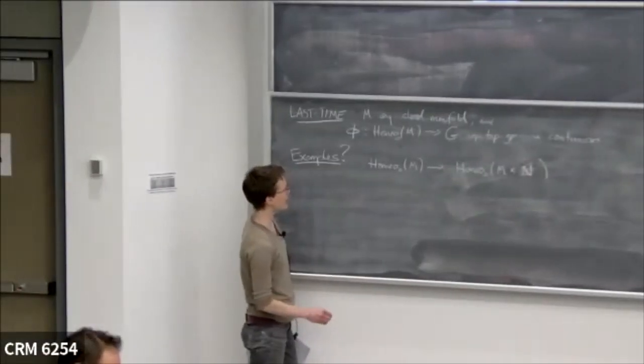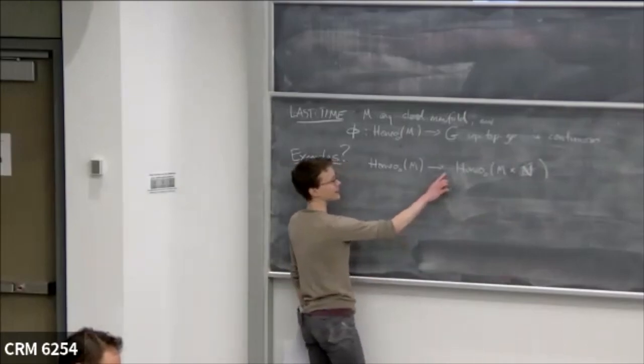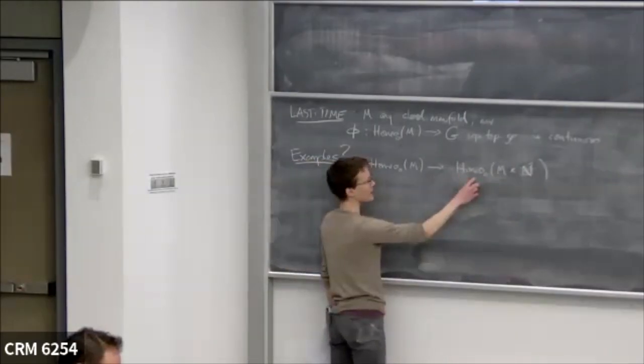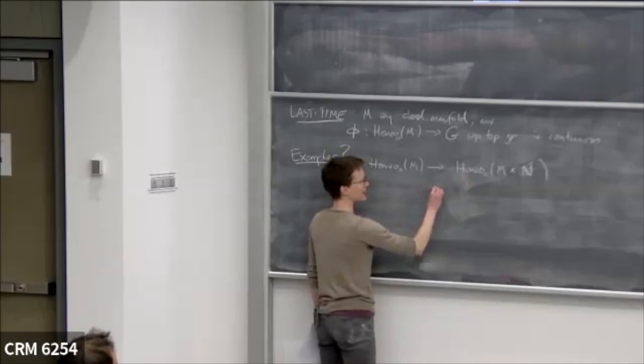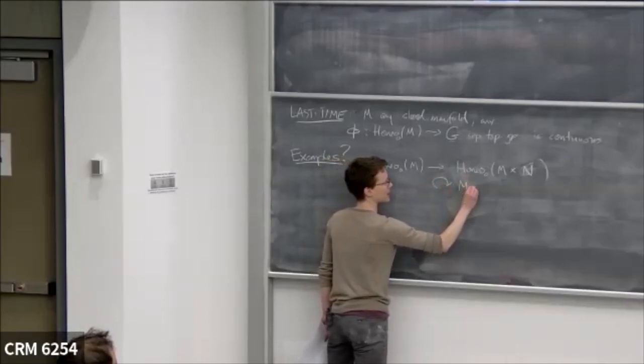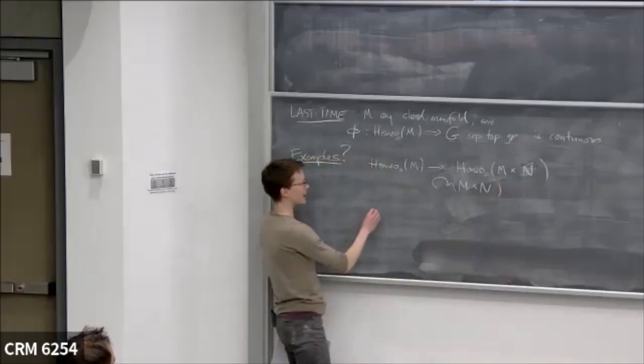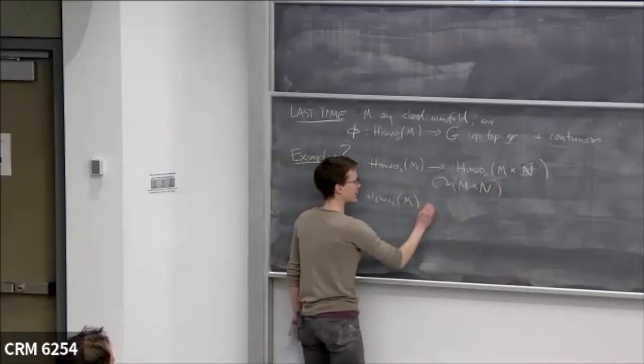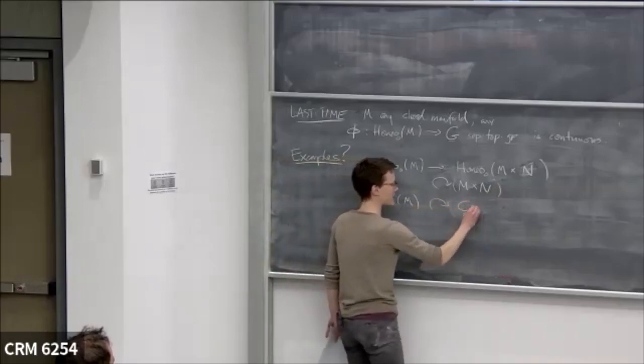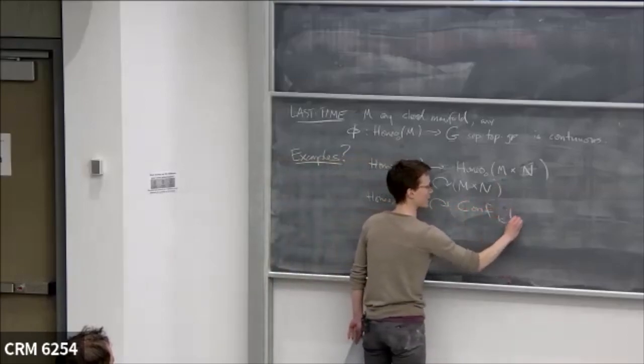You could also, because I'm going to move to other homeomorphism groups, I'm going to write this as Homeo of M acts on M cross N by homeomorphisms. You also have an action on, say, the configuration space of K points in your manifold.